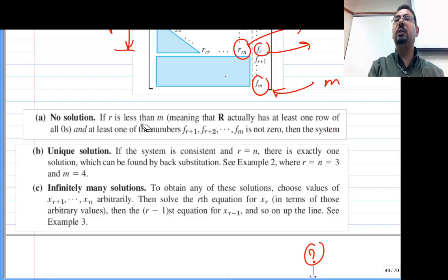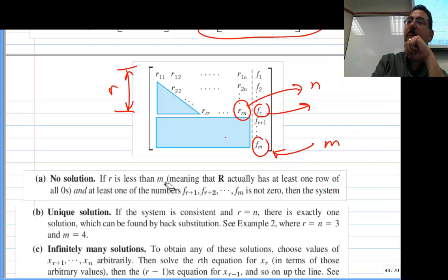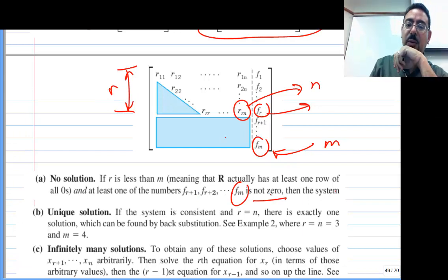So for no solution, the number of independent equations is less than m, where m is the number of b entries that are non-zero. If m is not 0, then the system has no solution. Simply 0, 0, 0 equals a number at the end.